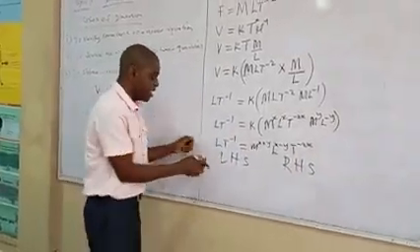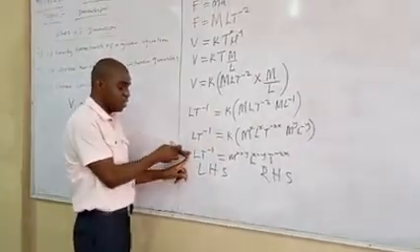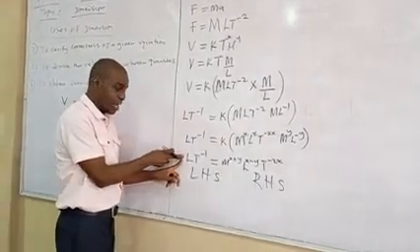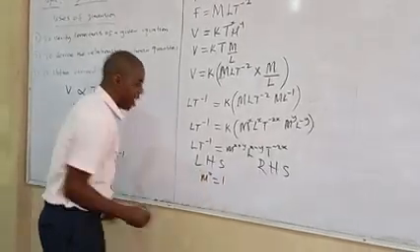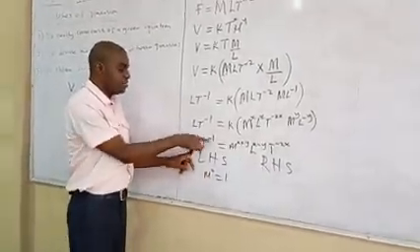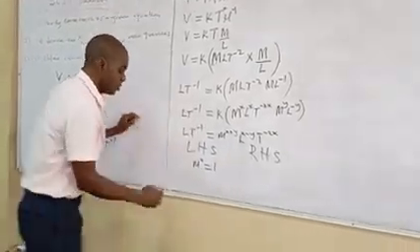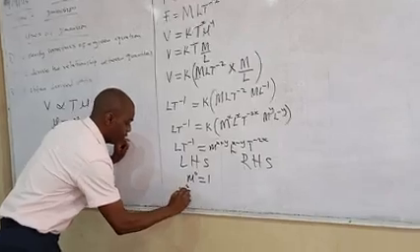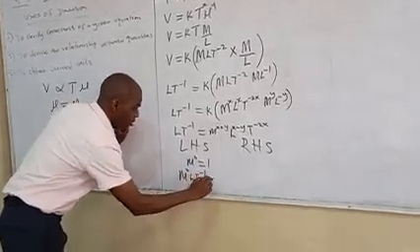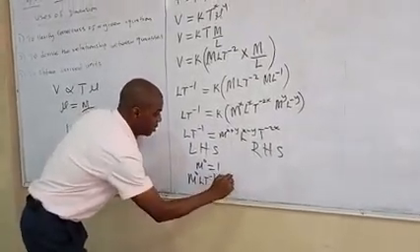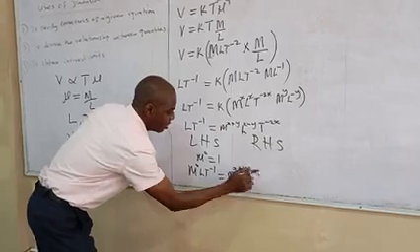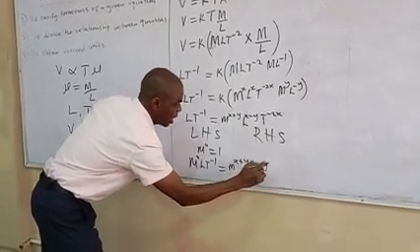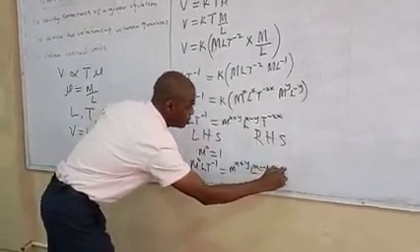So we have to introduce M here. And according to the law of indices, anything raised to the power 0 is equal to 1. And 1 times LT^-1 will also give us LT^-1. So we have M^0 LT^-1 equals what? M^(x plus y), L^(x minus y), T^-2x.